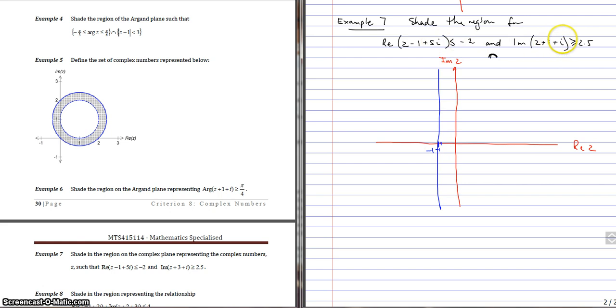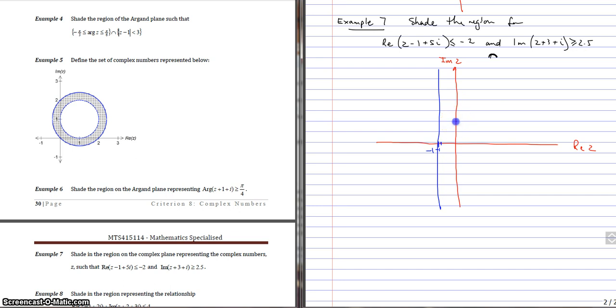And then let's consider this other one here, the imaginary part, which is a horizontal line, normally passing through 2.5, but the real part here is irrelevant, so we're just looking at how this plus i affects it. It means it's going to translate 1 unit down, so instead of being a horizontal line through 2.5, it'll be a horizontal line through 1.5.